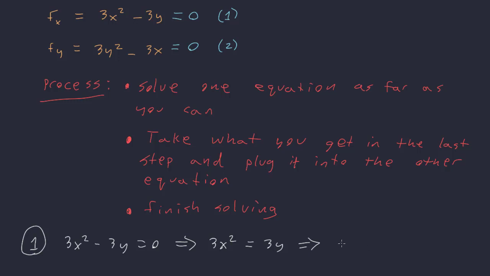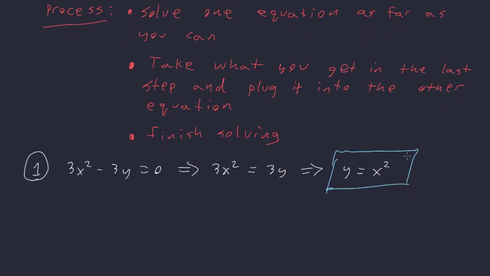And divide through by the 3's, and we get y is equal to x squared. Okay, that's what I mean by solve one equation as far as you can. We're not going to get numbers out here. Sometimes you will, sometimes you won't. Okay, so here we didn't get any numbers. We got a curve, y equals x squared.